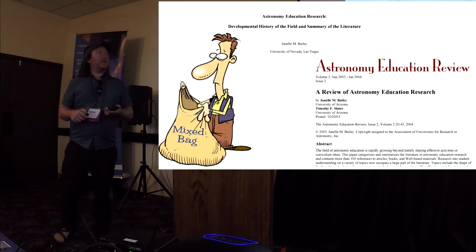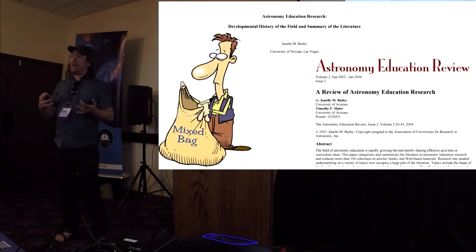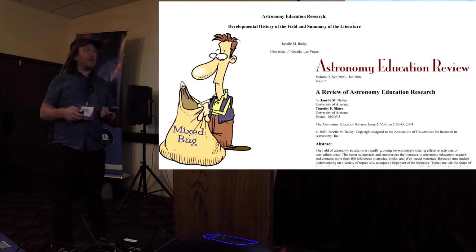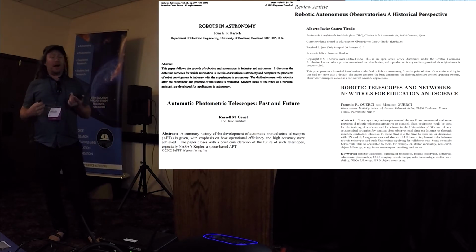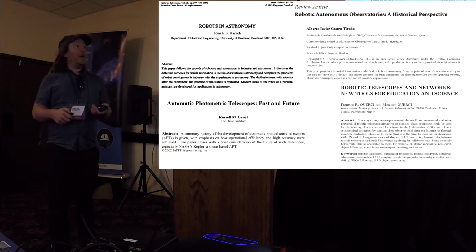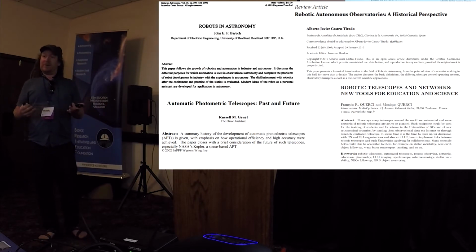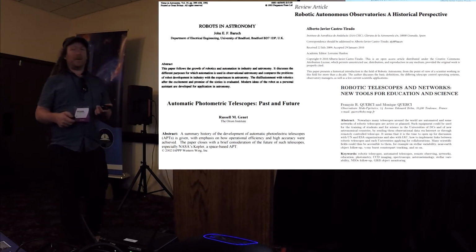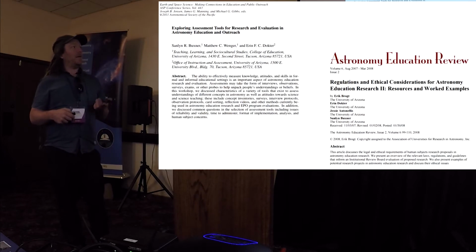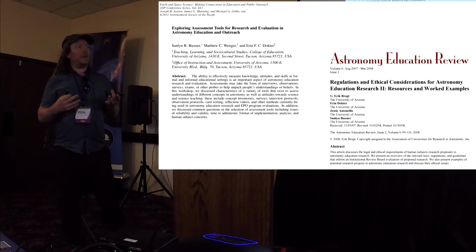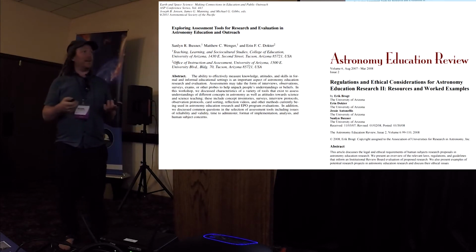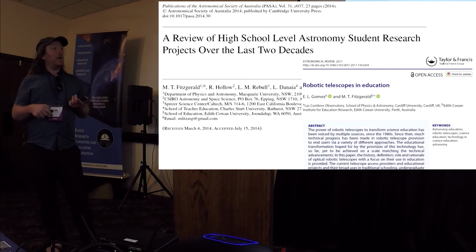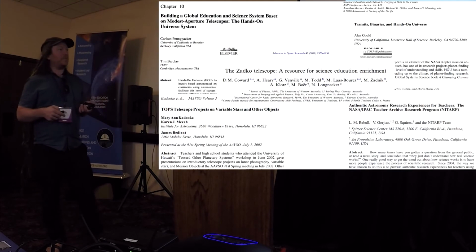So what types of articles are there? There are broadly just straight astronomy education articles, so big reviews that are relevant to our field. We have some of the more technical or historical articles. Then we have some of the kind of relevant things to know about astronomy education and how to undertake it. We have my review papers, of course.